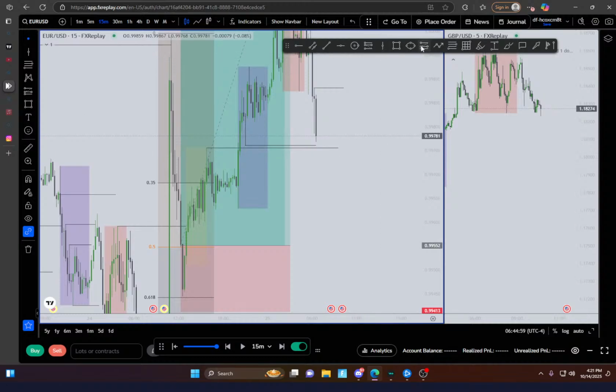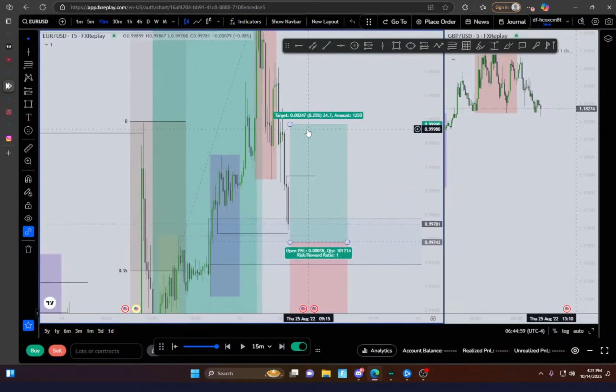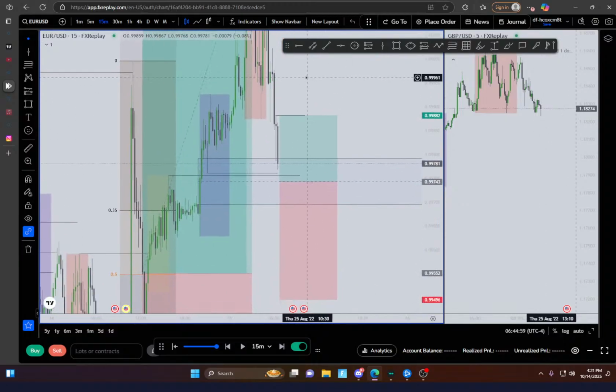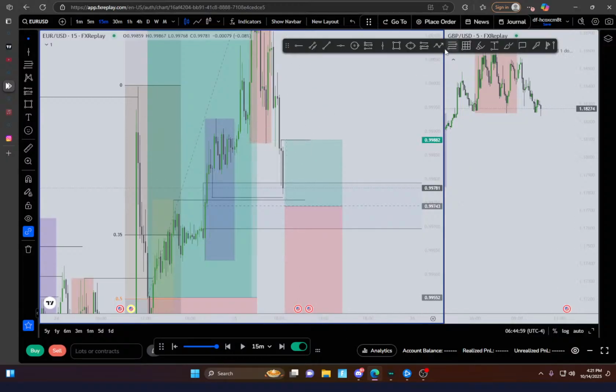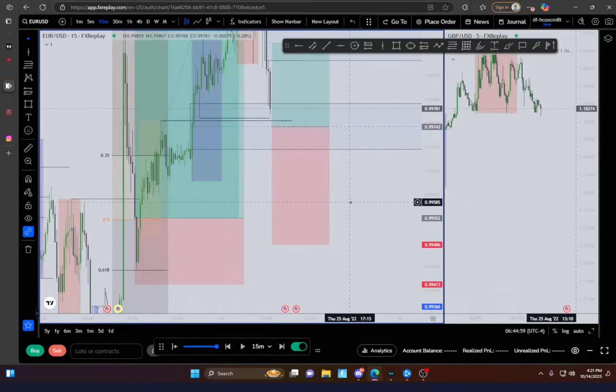In fact, I'm bold enough to take, let me see, if we hit 50% of this would be a nice entry. And I have my stops at OTE. And then let's maybe seek out 50% of this right here. So that'll be a nice entry actually.